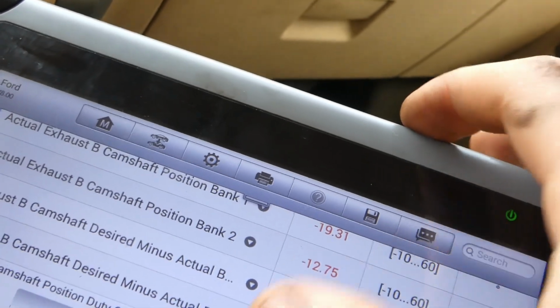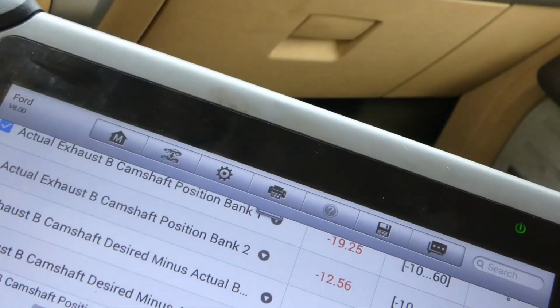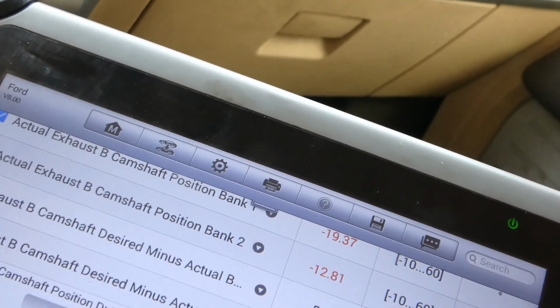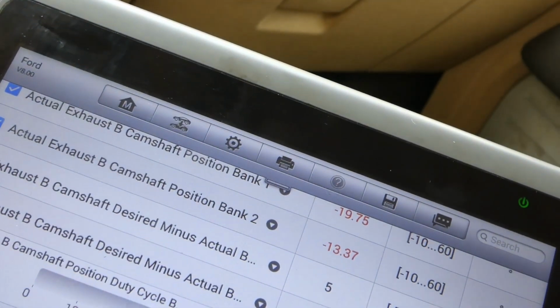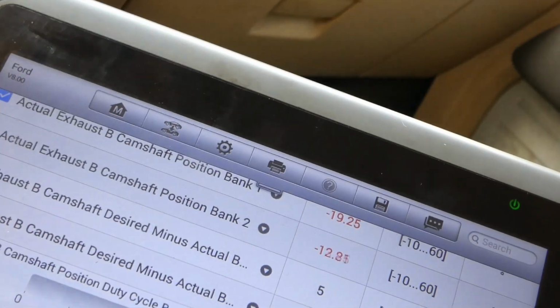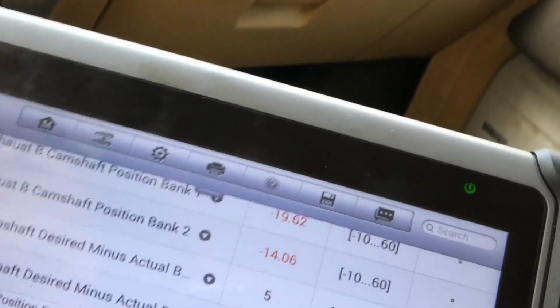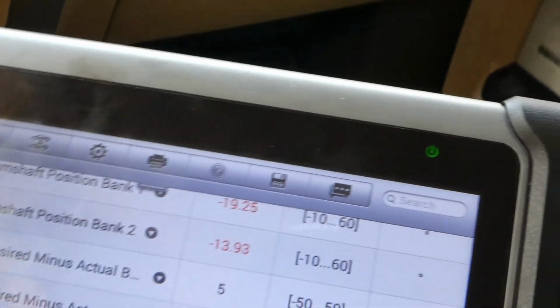I don't think these PIDs are changing at all. We don't want to go too far. Turn it around.